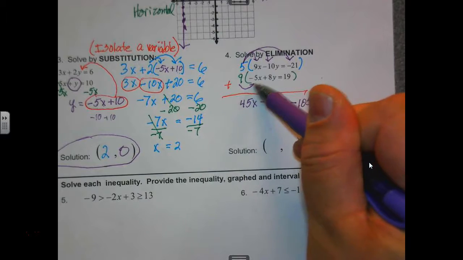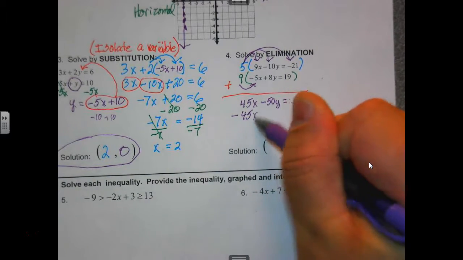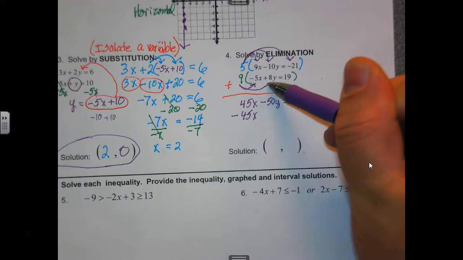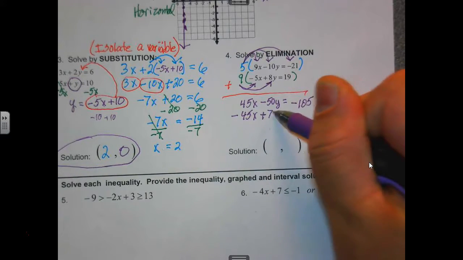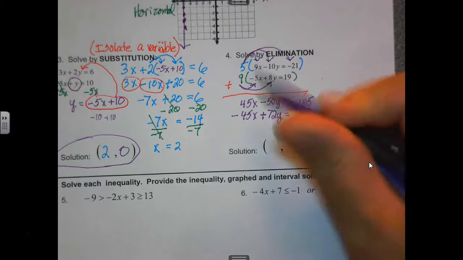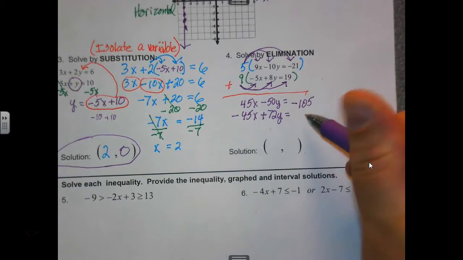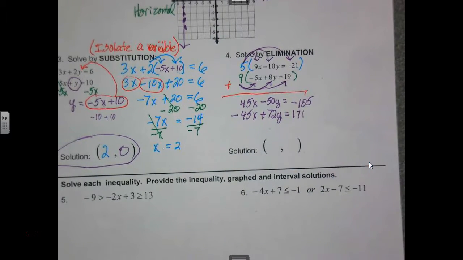9 times negative 5x, negative 45x. See how these are going to eliminate? 9 times positive 8y is going to be a plus 72y. 9 times 19, let's see, 81, 8, 171. Now I'm going to add them together.